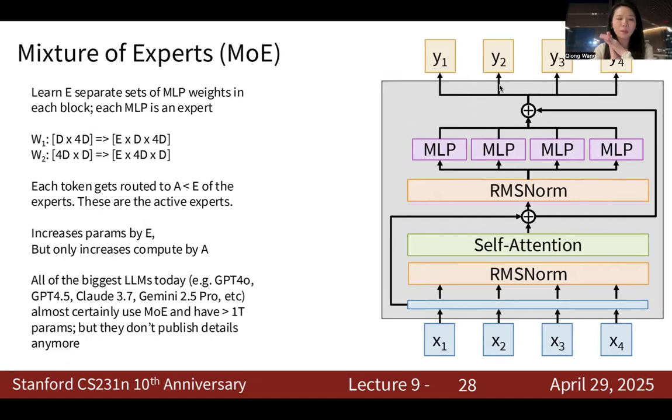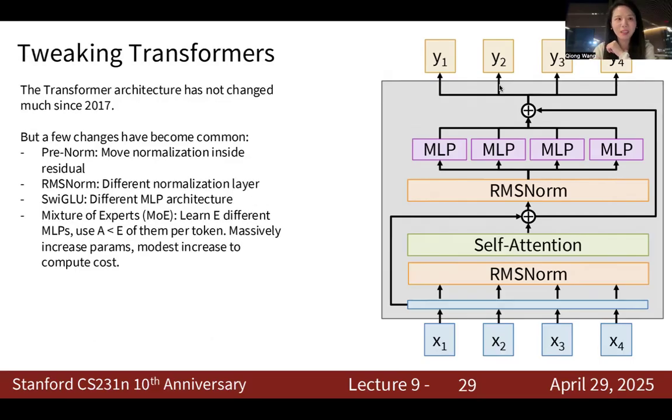All of the biggest large language models today, such as GPT-4, GPT-4.5, Claude 3.7, and so on, almost certainly use MoE and have over 1T parameters, but they don't publish details anymore recently.